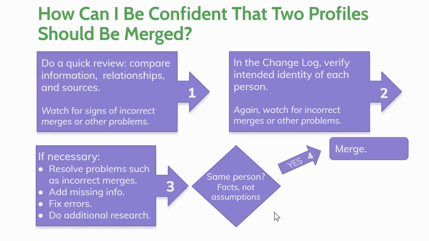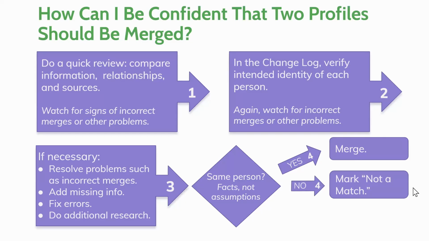So when you do this little evaluation to decide if those profiles represent the same human being, there are three possible outcomes. One is, yes, I am very confident that they represent the same person, so I'm going to merge them. Another possible outcome is no. My research shows that they are clearly different people. I'm not going to merge them, and I'm going to mark them as not a match.